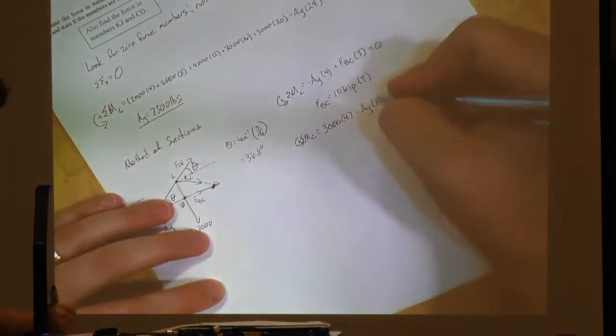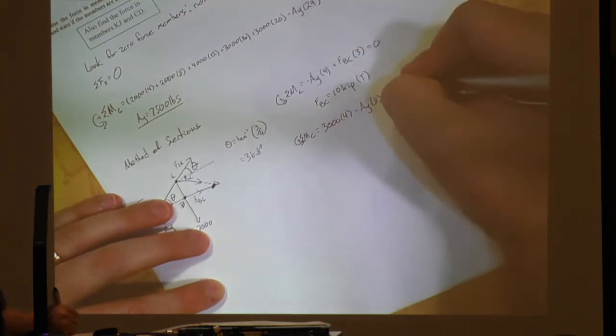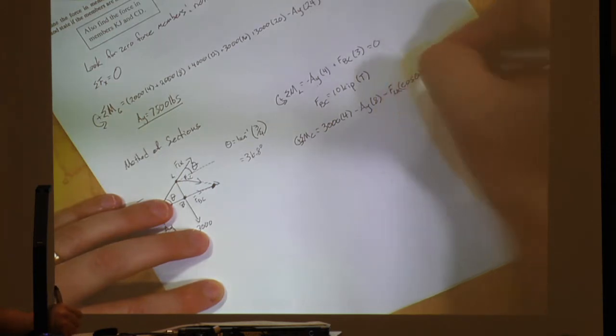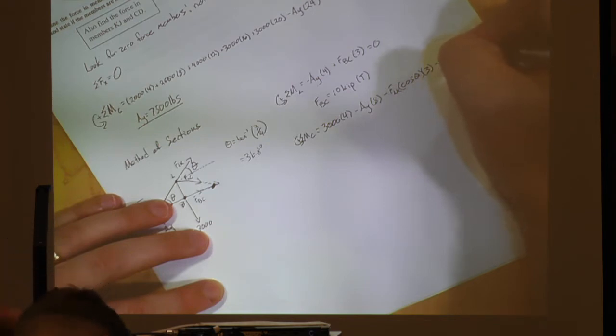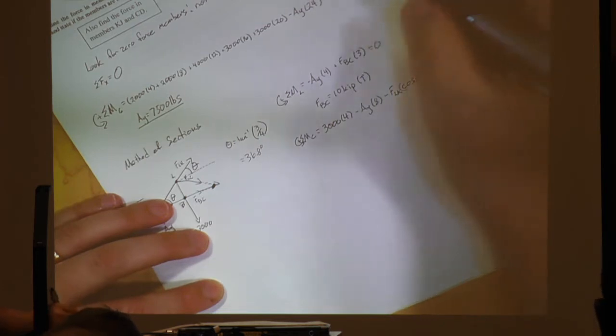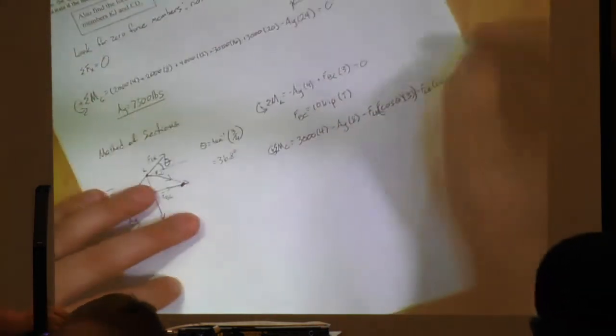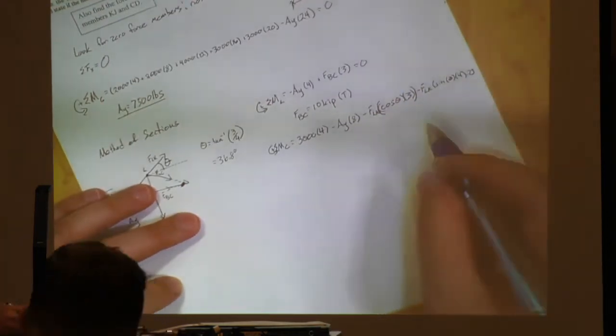And then we're going to do this FLK cosine theta times 3, and then FLK sine theta times 4. All right. So everybody understand where I got these numbers from?